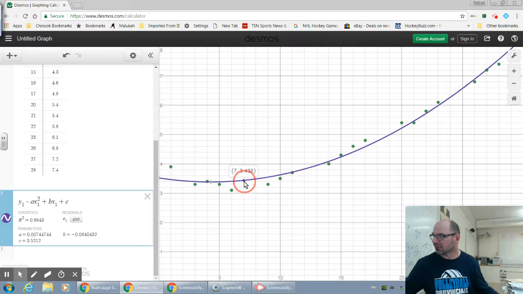Okay, 7 looks like 3.48, so it's a little bit low. 8, a little bit low. Okay, 12 and 13 we did. 18 is supposed to be 5.0. See what 18 gives us. 18 was 4.8, so it's fairly close.